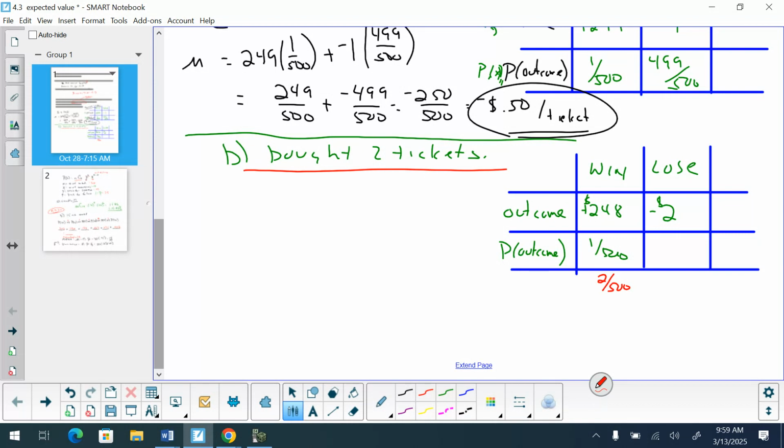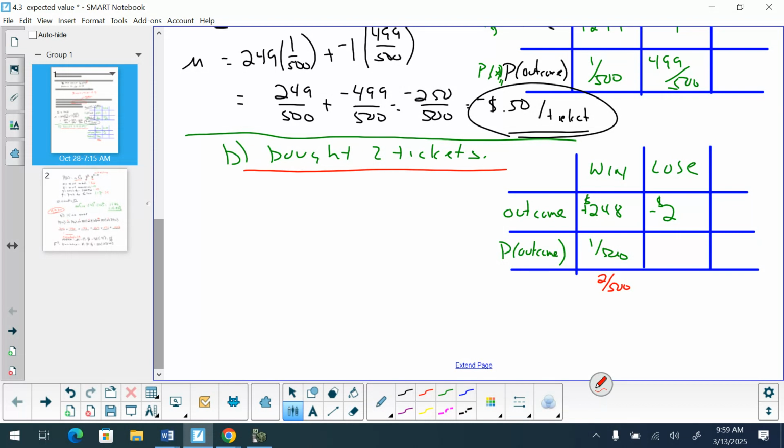But if you're looking at the person that shelled out the money and bought the tickets, you're sitting there saying, I have 2 out of 500 chances of winning this. So it depends on how you're looking at it. If you're looking at it as the raffle, I'm the raffle up here, I'm going to tell you there's 1 ticket that's going to win $250. You're looking at it as the person that bought the tickets, I now have 2 chances to win $250.